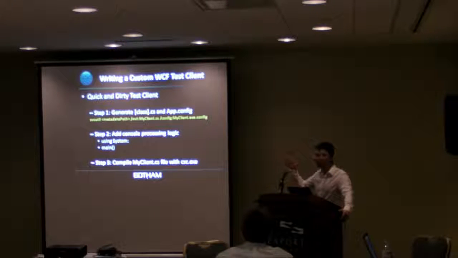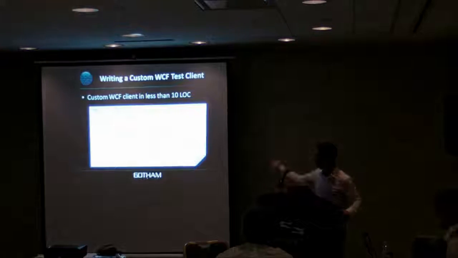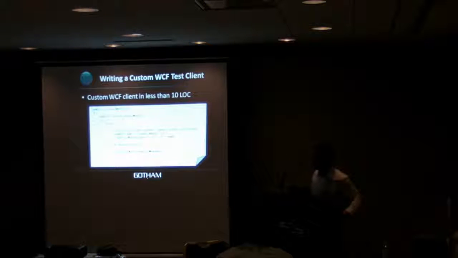And then even in that same class file, you just have to import the system namespace at the top and add a main routine to turn that class file into a console utility. And then you can run it from the command line. And this is an example of just sort of snapping a main method to the end of your interface class and converting that class into a console utility.